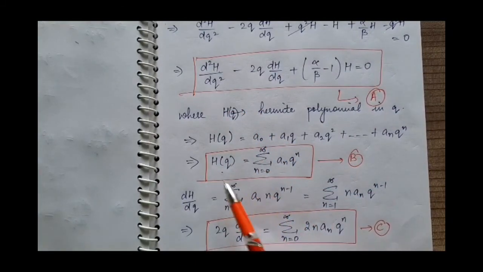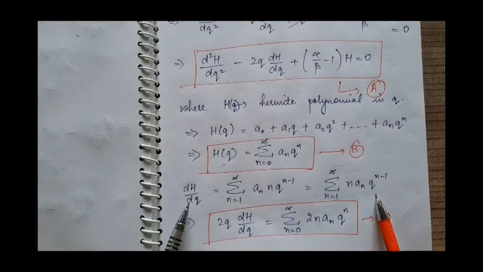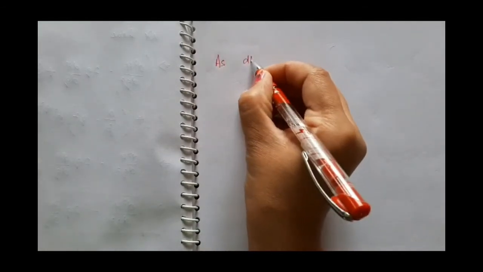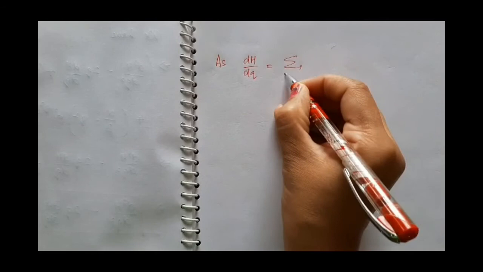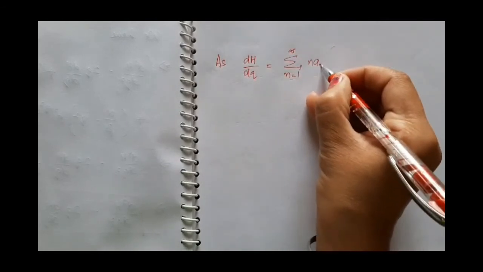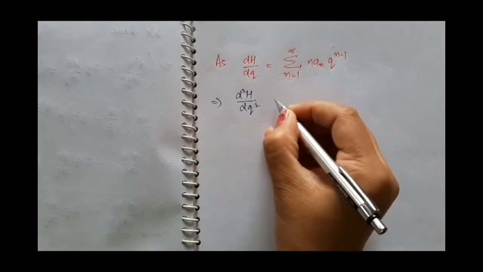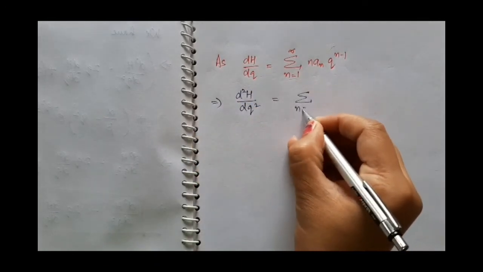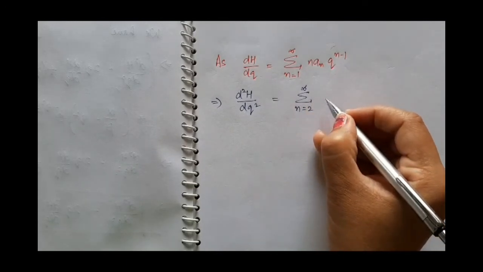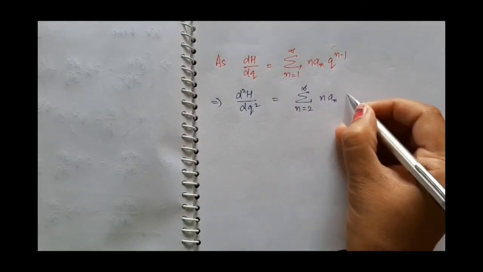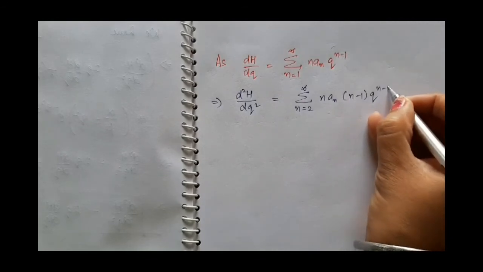For that, differentiate this equation. dh by dq is equal to summation n varies from 1 to infinity n a_n q raised to power n minus 1. Now differentiate it and you will get d square h by dq square, which is equal to summation n will vary from 2 to infinity n a_n (n minus 1) q raised to power n minus 2.